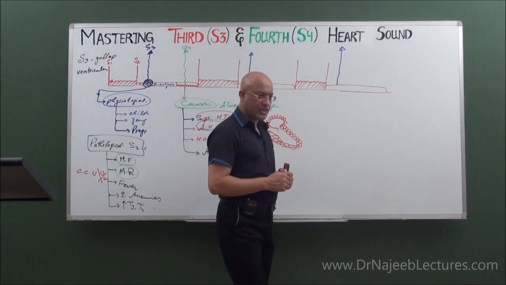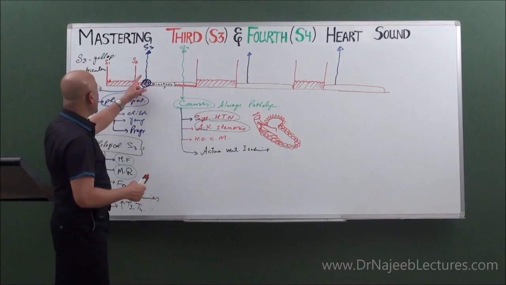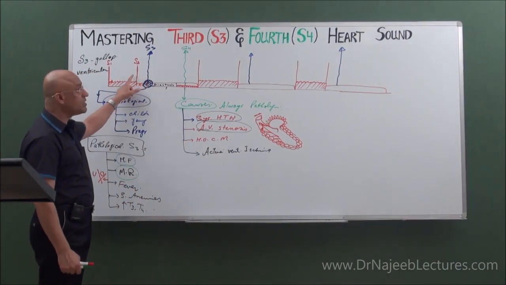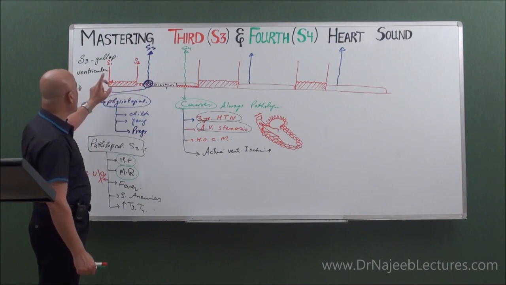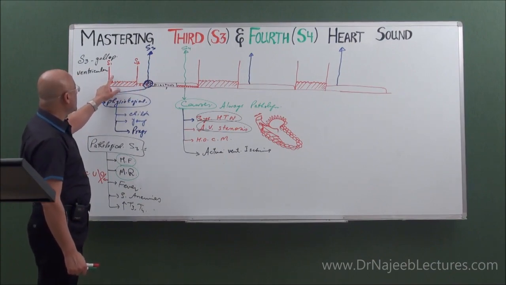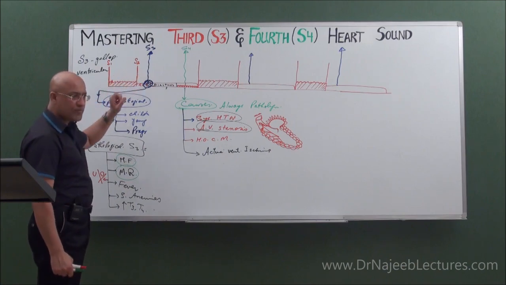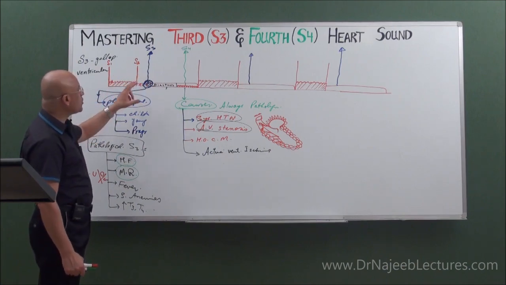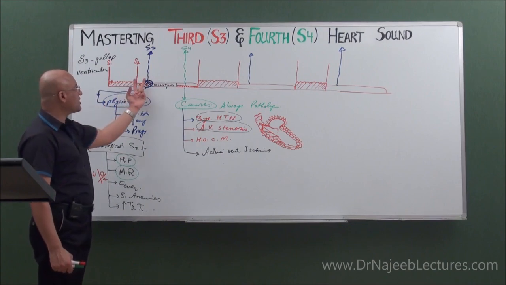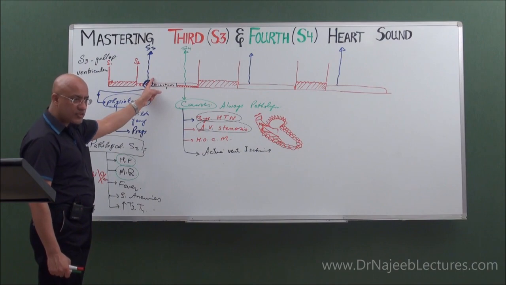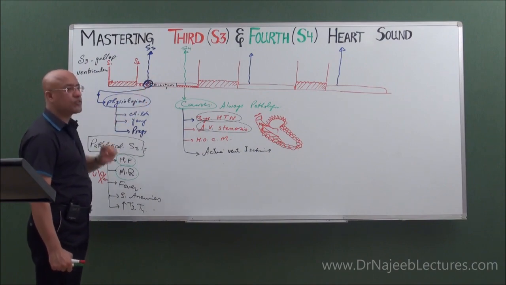How do you differentiate? You know, S3 is very near to S2. Now, this sound, as I told you, lub dub ta, lub dub ta. Sometimes you are confused whether this double sound is an extra third heart sound or it is a split of S2.